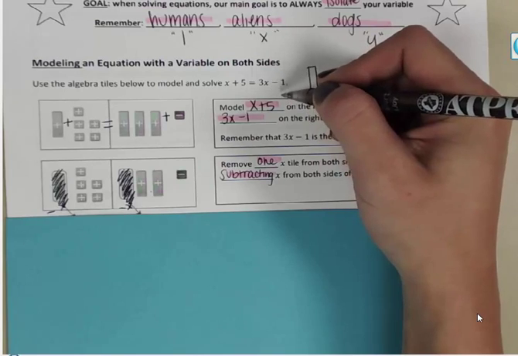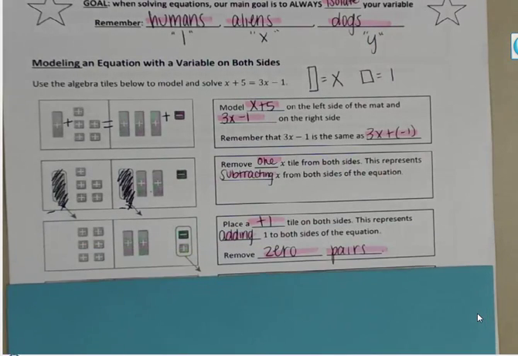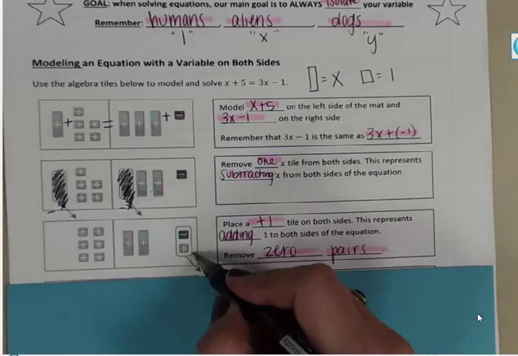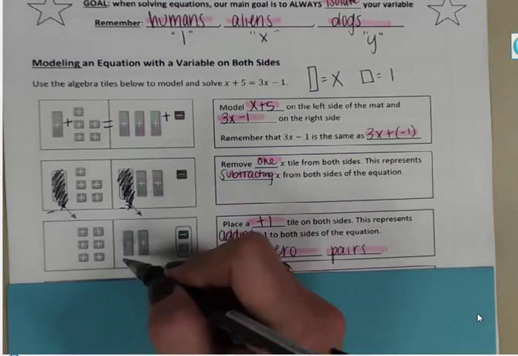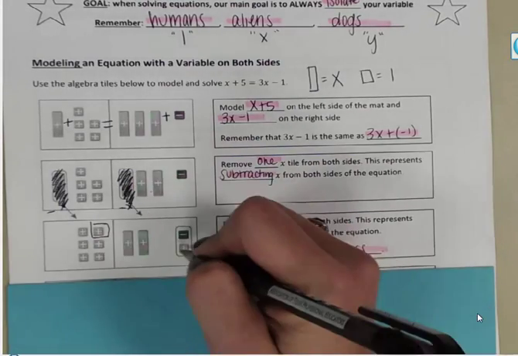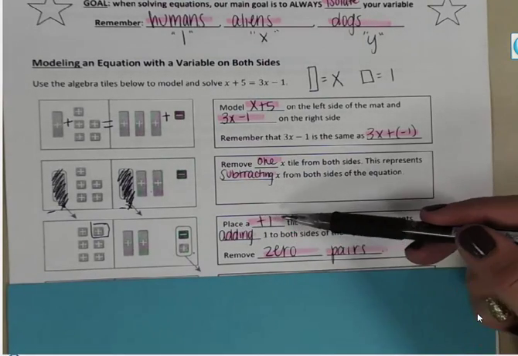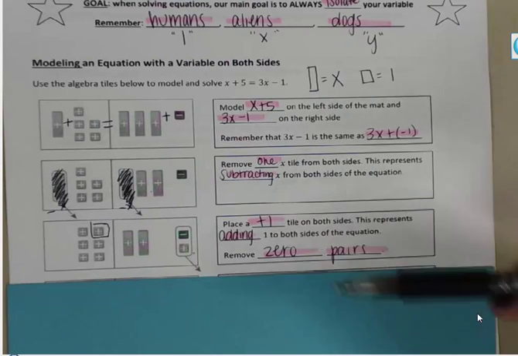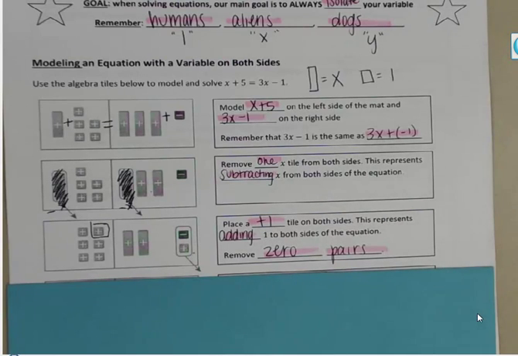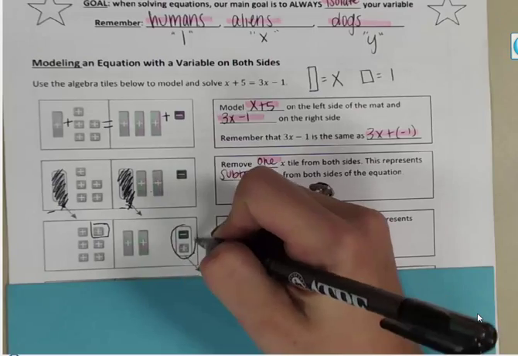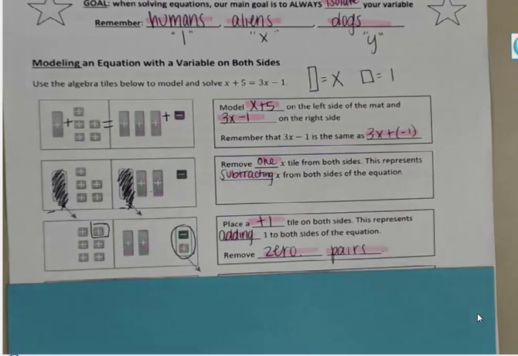You would add 1, right? So that's all we did. We added 1 on this side, and if you add 1 on this side, you have to add 1 on this side. So here's the one that they added, and here's the one that they added. So it says, place a plus 1 tile on both sides. This represents adding 1 to both sides of the equation. This makes a what? Remember we talked about it makes a 0 pair. 0 pairs, they cancel out.